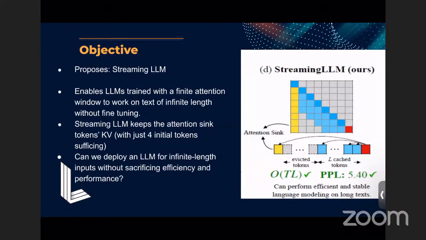Keeping this in mind, the authors of this paper propose a streaming LLM. As you can see, the yellow strip in the graph, they keep this constant. These 4 tokens will always be used in computing the output, whereas other tokens will keep on changing as the window slides.